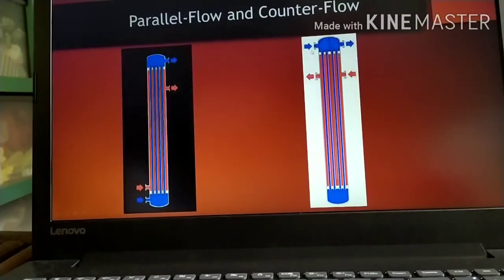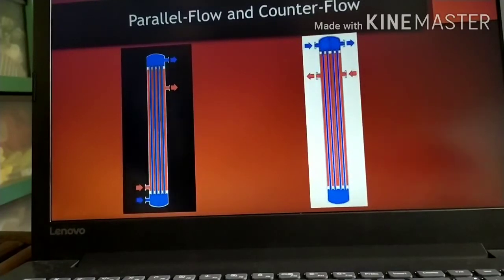On counterflow it might, because the cold water meets the hot fluid head on, which is more efficient.